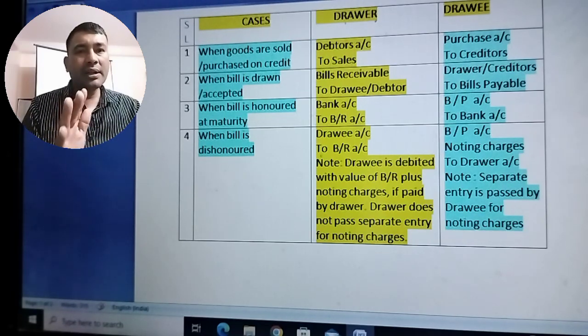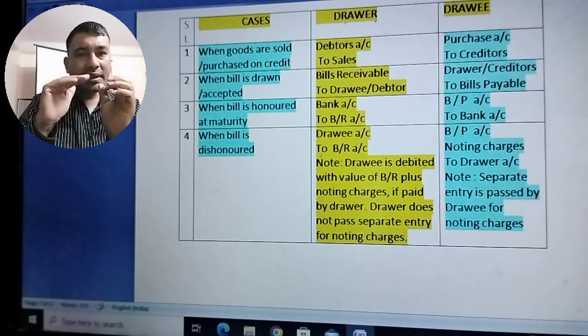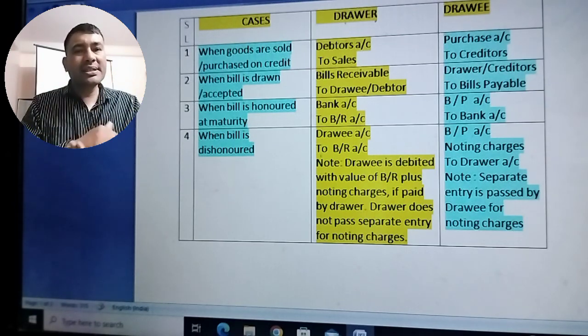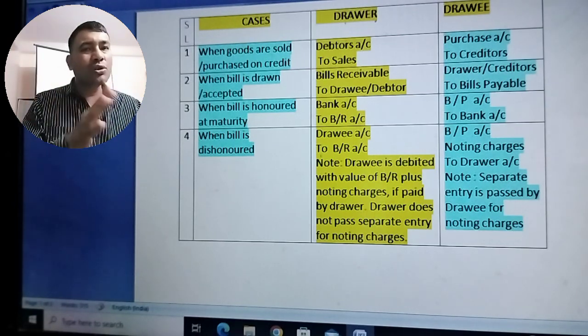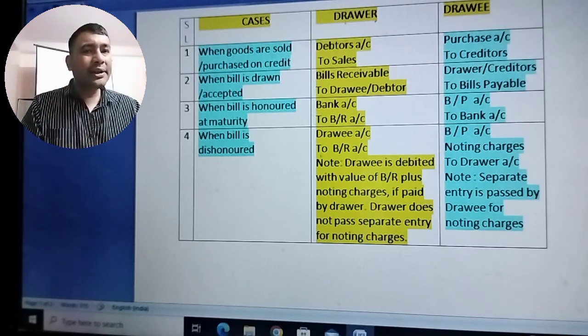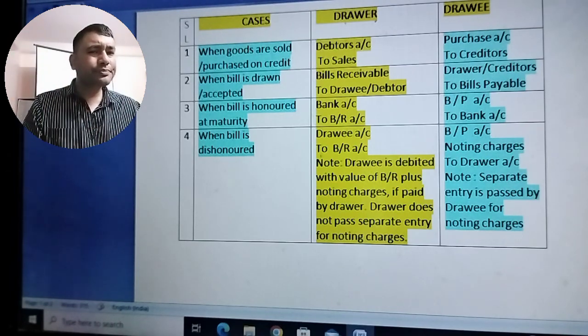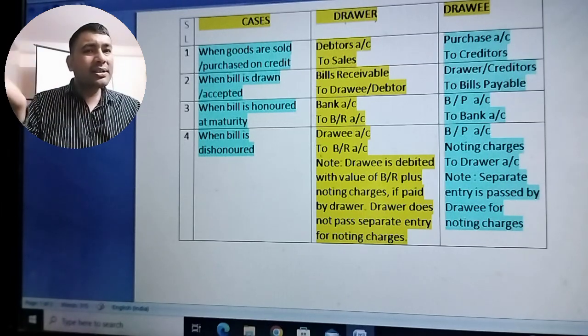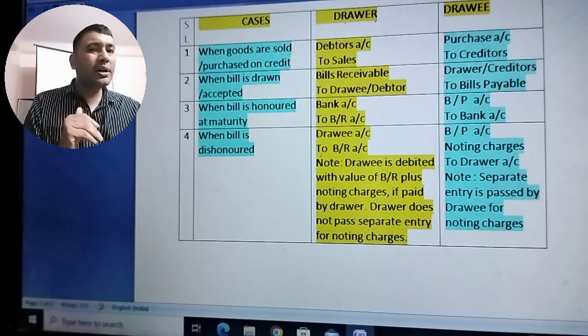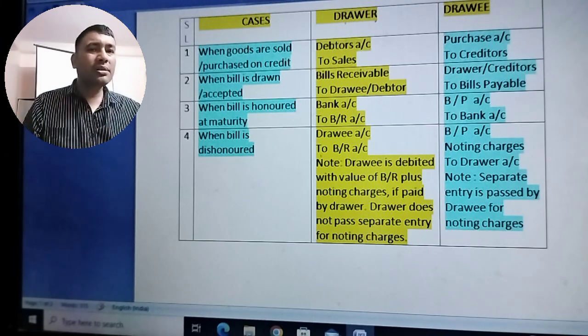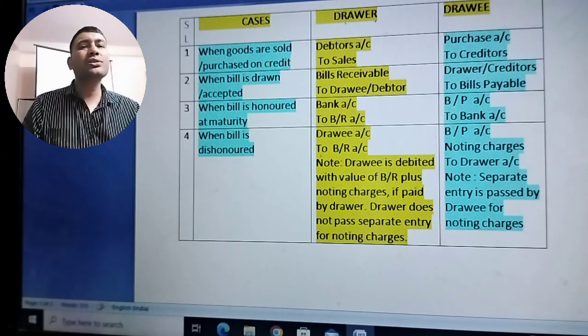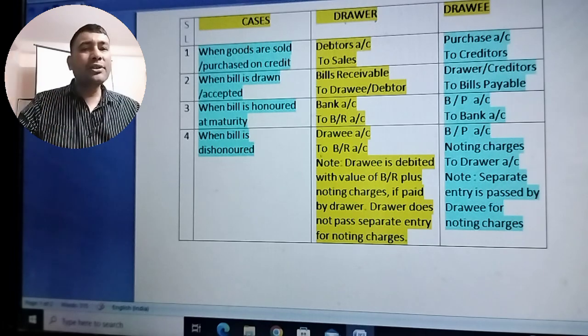Okay, so let us revise the same thing. When a bill is drawn and retained, what will be the entry? First entry for goods sold: debtor or drawee to sales. Then when the bill is drawn, bills receivable to drawee. When the bill is honored, bank to bills receivable.